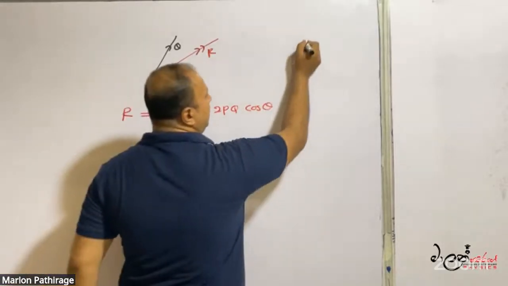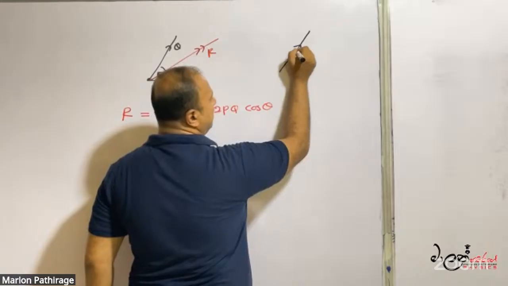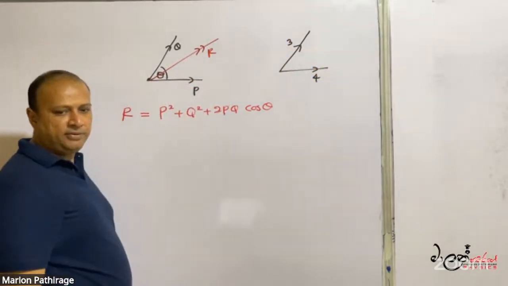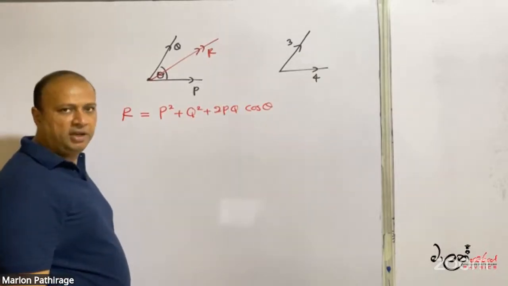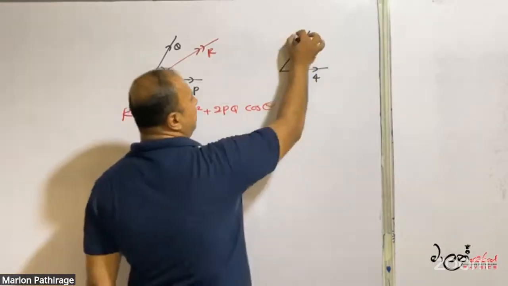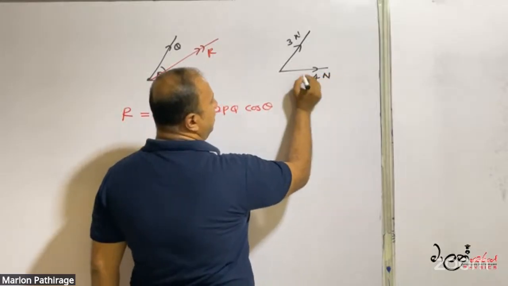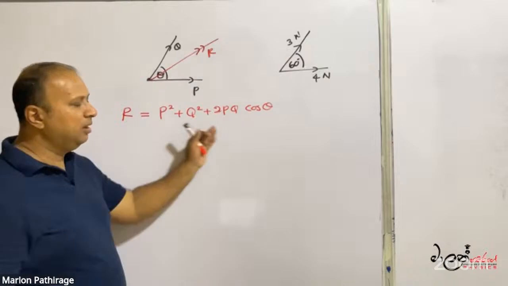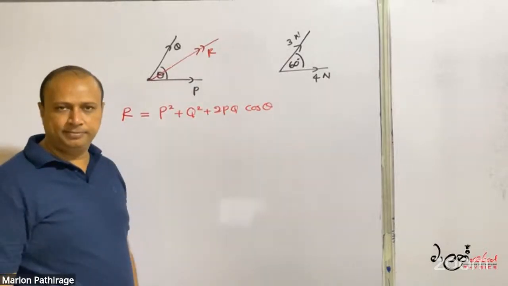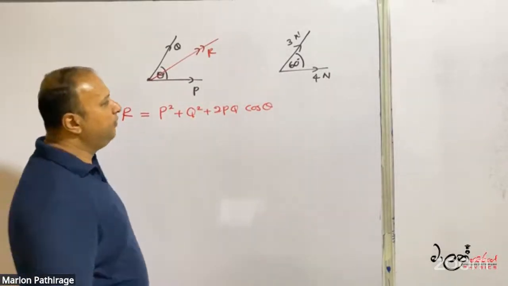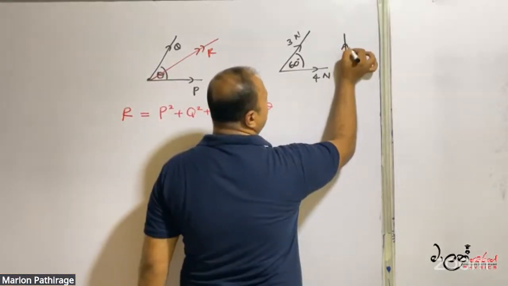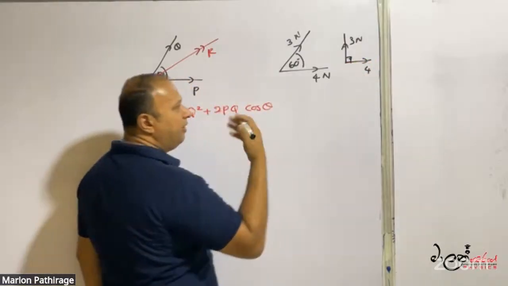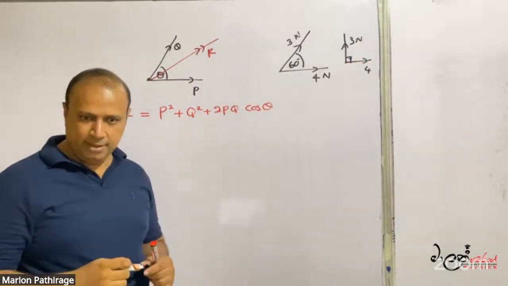Suppose there are two vectors, 3 Newton and 4 Newton. If this angle is 60, there would be one value. If this angle is 90, then the resultant force may vary.